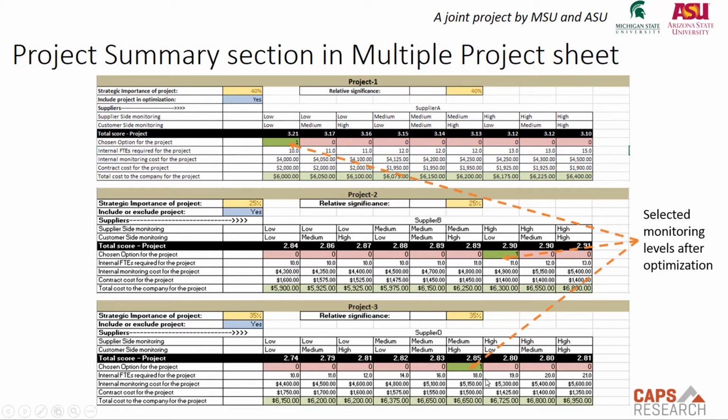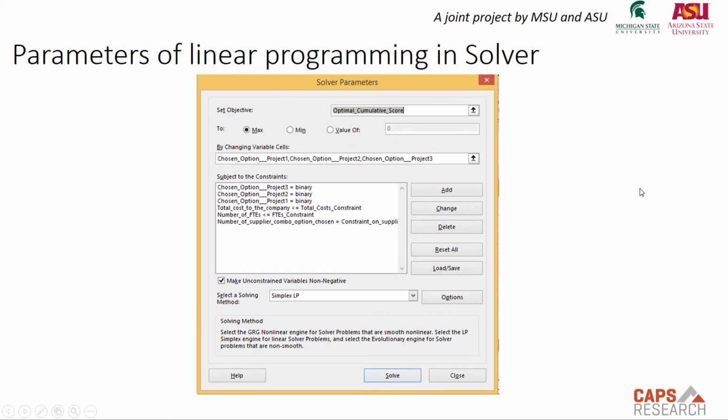And that's not necessarily the best that we would have done on each of the projects if we could do it all separately, right? So we would have gone a high here on the second project if we could have. This is all done through Excel Solver, which is available as an add-in to Excel, no additional cost. You just go into the add-in section and load it, and you have it there.